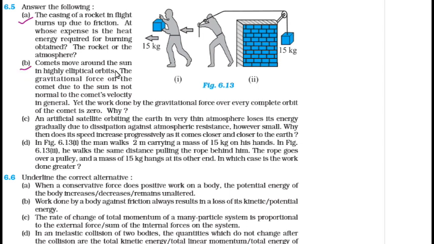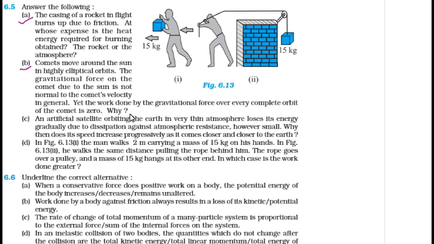Comets move around the sun in highly elliptical orbits. The gravitational force on the comet due to the sun is not normal to the comet's velocity in general. Yet, work done by gravitational force over every complete orbit of the comet is zero. Why?